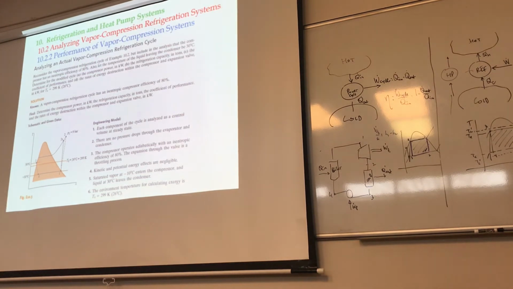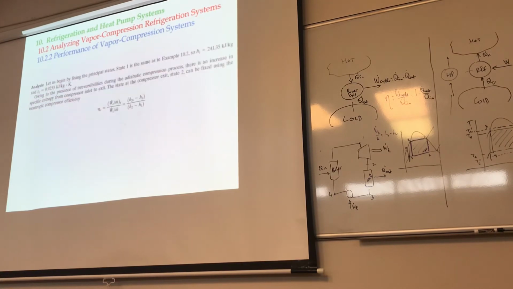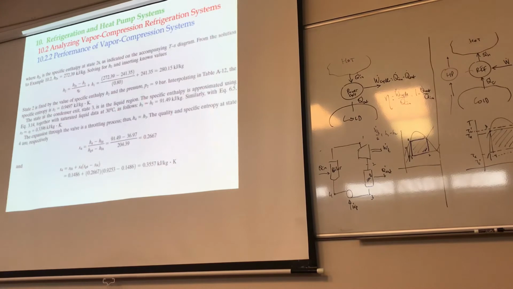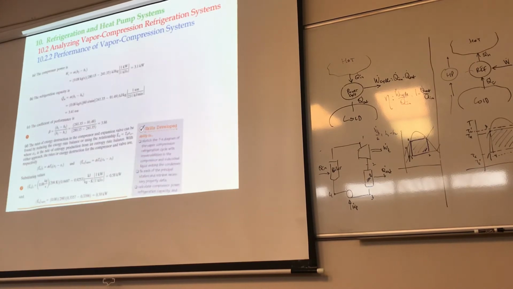Well, it's going to go further down. Anytime you introduce an irreversibility, you are paying the price in the coefficient of performance. Without looking at the numbers, let's go to the final result. The coefficient of performance that was 4 point something before, because of the irreversibility of the compressor, comes down to 3.86. So you can play around with so many inefficiencies.